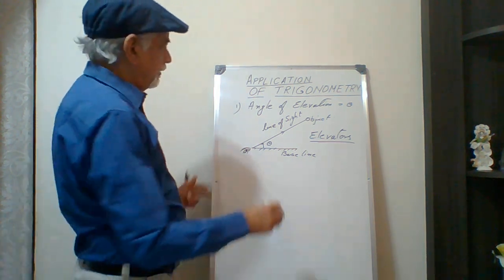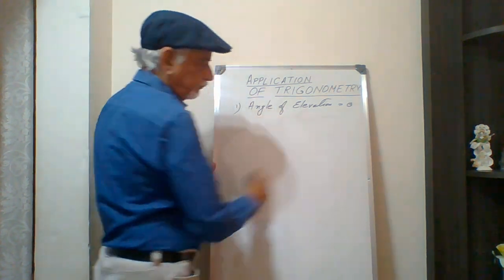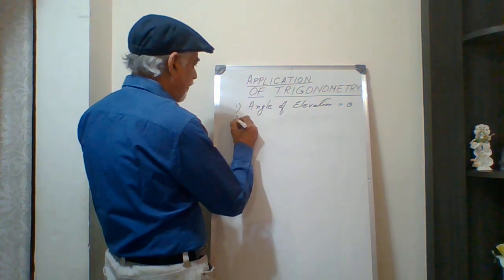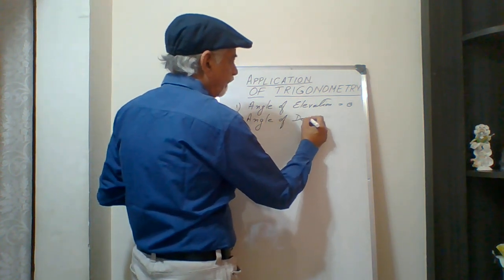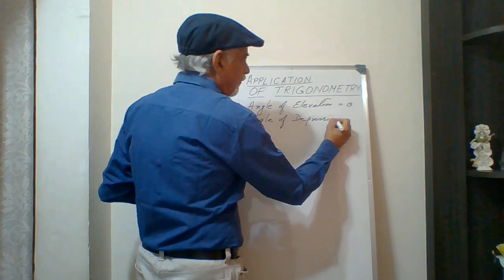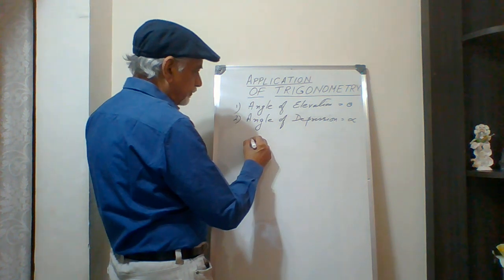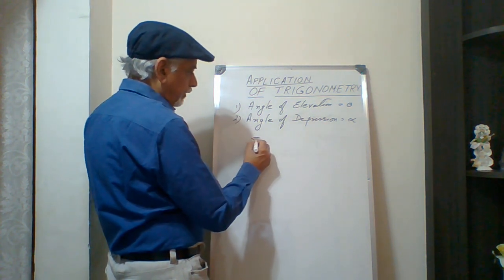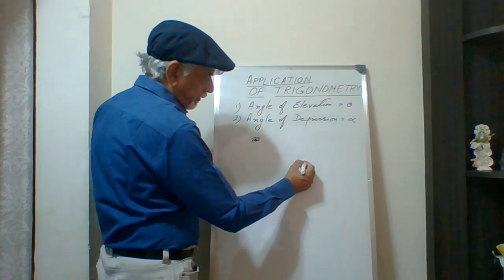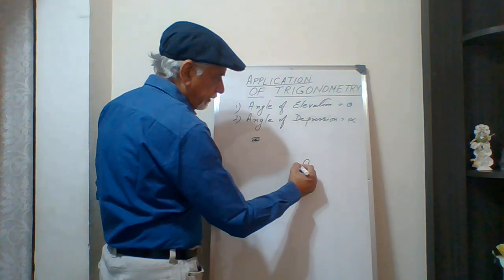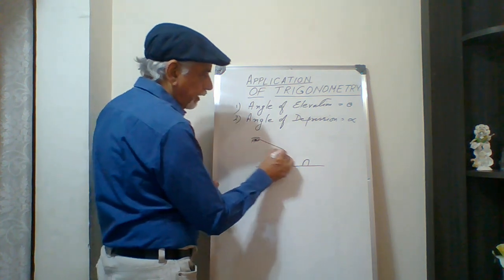Similarly, now we look at another angle, and the angle is called the angle of depression. Suppose this angle is called alpha. So how do we define the angle of depression? Suppose you are looking from a top place, your eye is here, and suppose a milestone is here on the ground, on the road, and I am looking down.